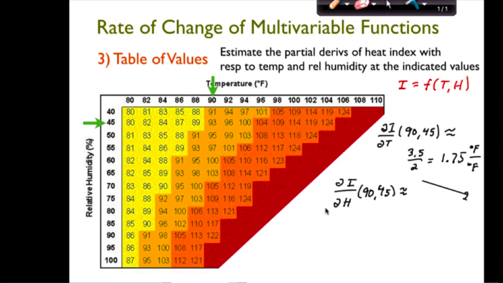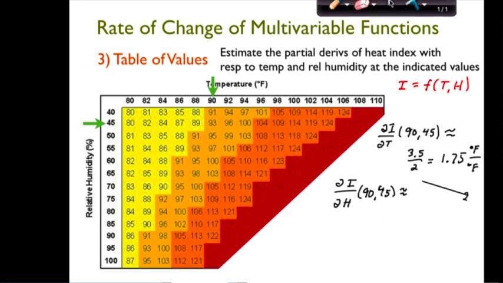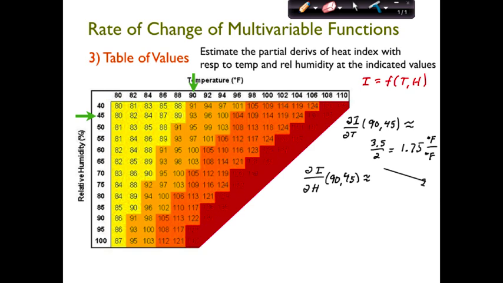Oh, it's not happy with my zooming in. Let's see if it'll work over here. And what are the units on that? 0.4 what? The relative humidity, so Fahrenheit over Fahrenheit. This is a change in index, which would be what unit?